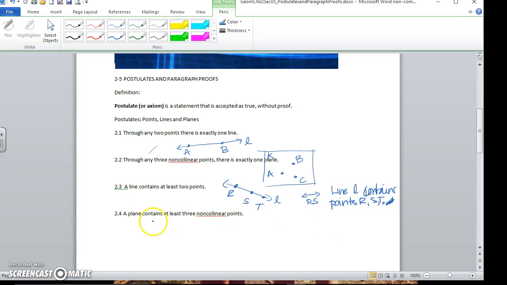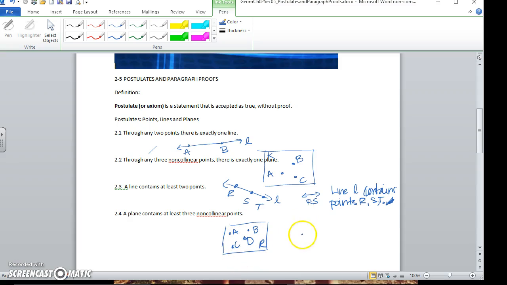All right, let's look at 2.4. A plane contains at least 3 non-collinear points. There can be more points than just 3 in a plane. When we name plane R here, let's say A, B, C, D are all in the plane, and I have more than 3 non-collinear points.